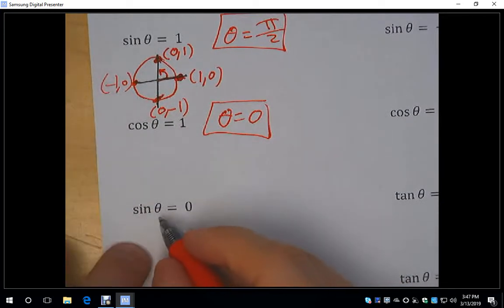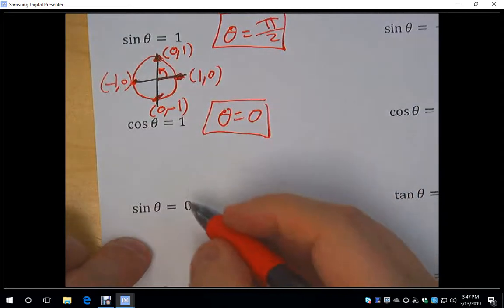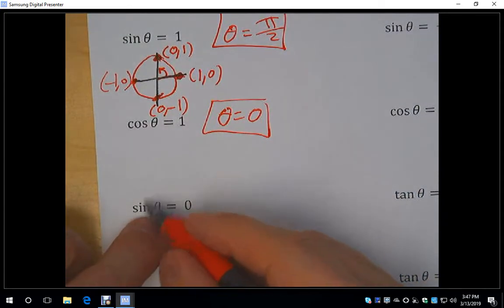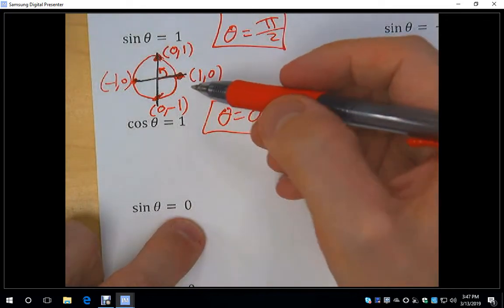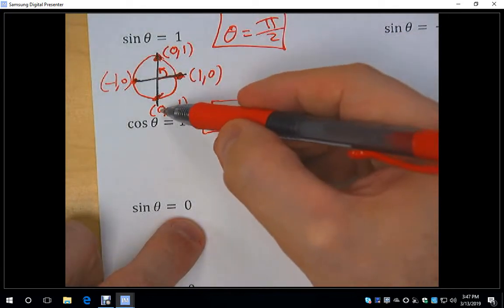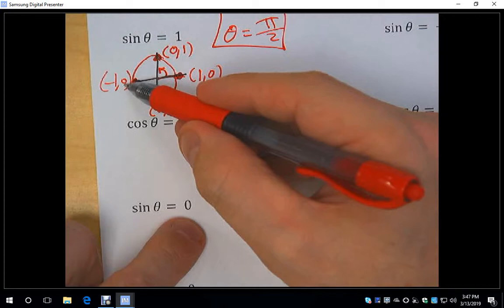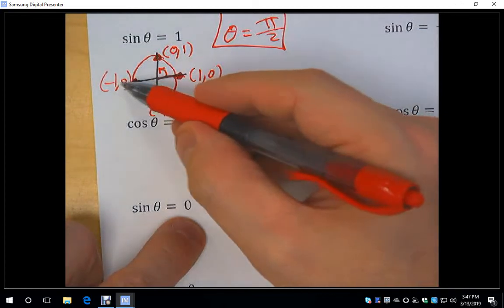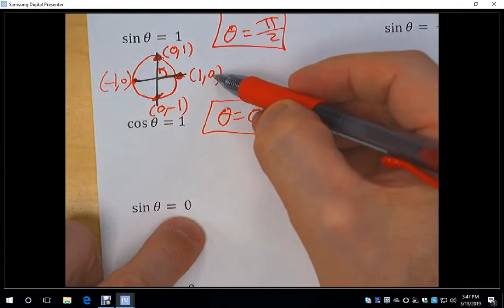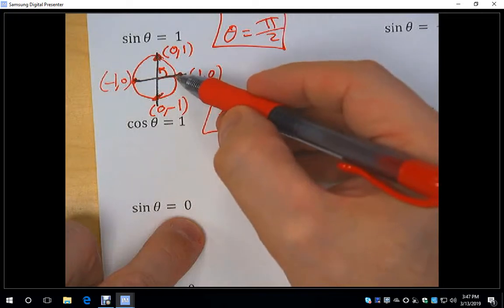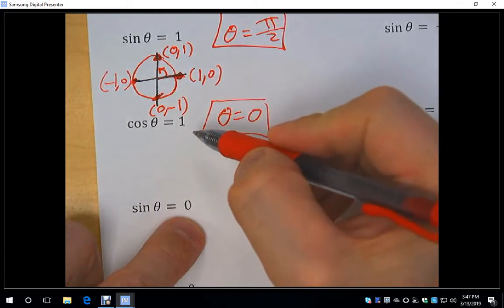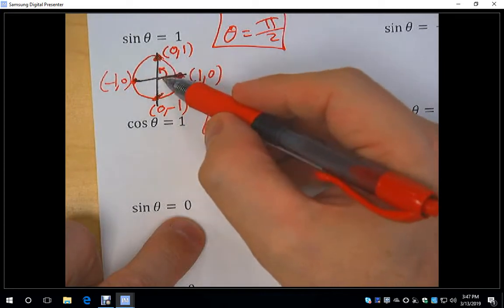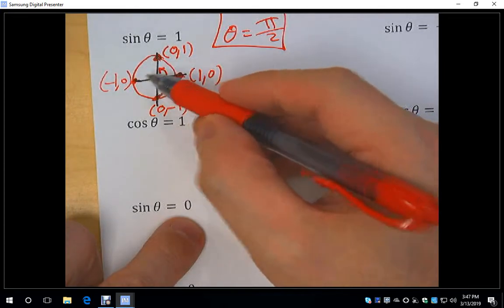So let's look at sine. I'm going to use the same image to come up with these other ones. Sine of theta is my y value. The y value equals 0 here and here, which is a 0-degree rotation and a pi, or 180-degree, rotation.